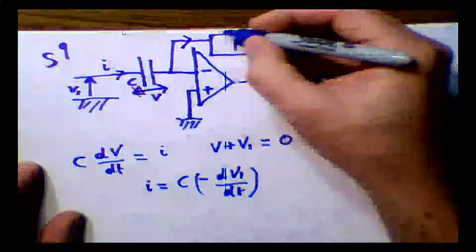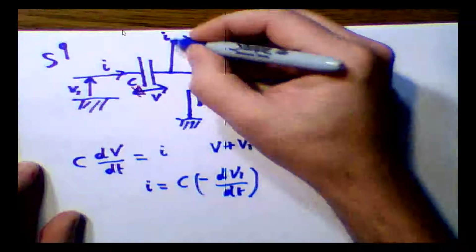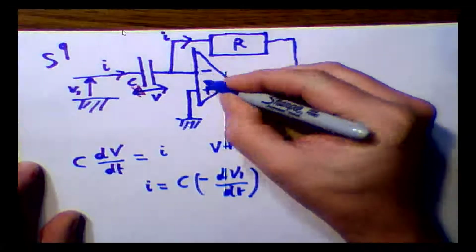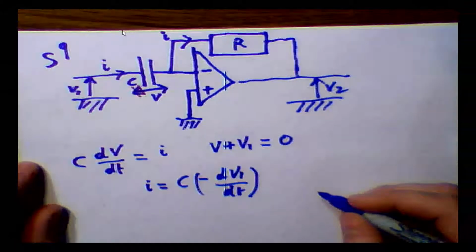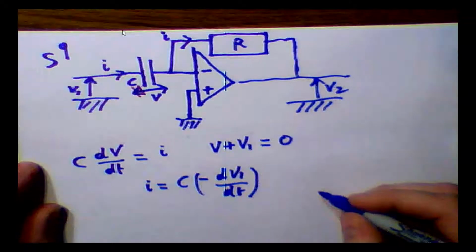Now I flows through R as well, because remember, there is no current entering or leaving the operational amplifier.